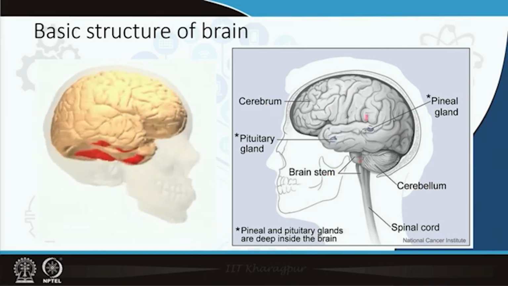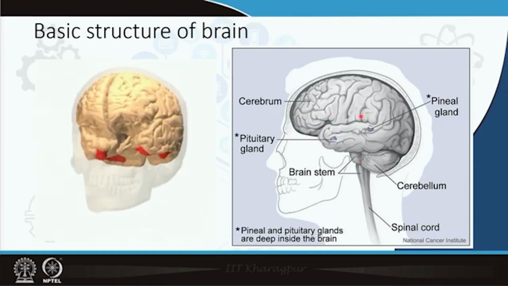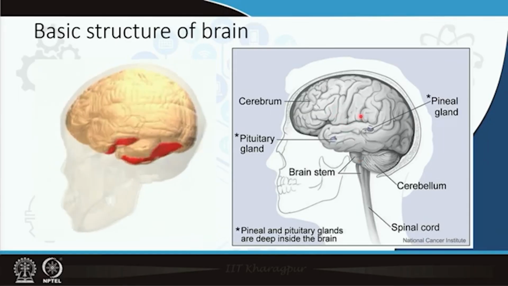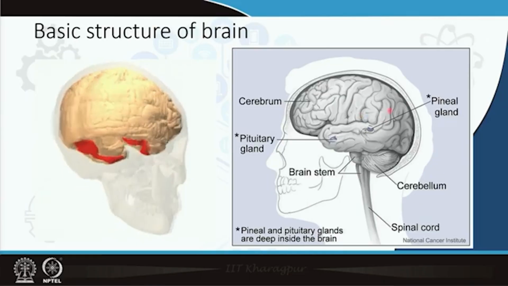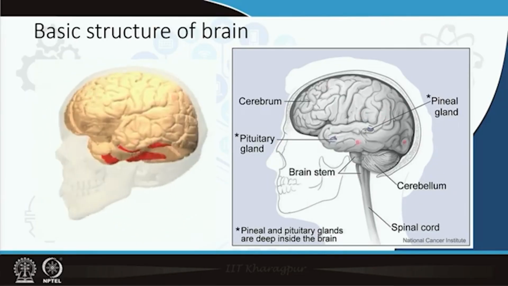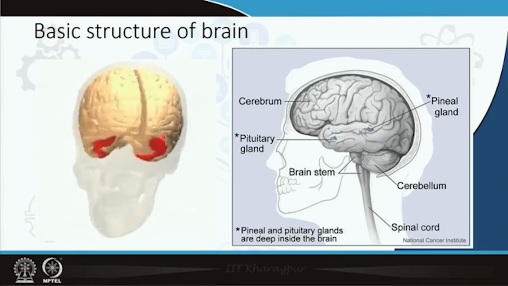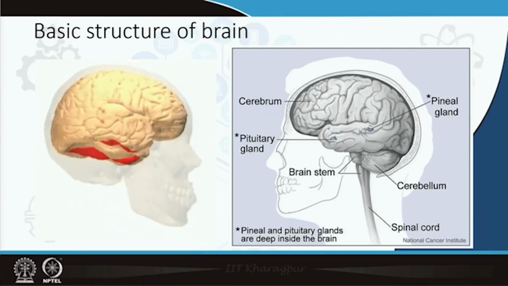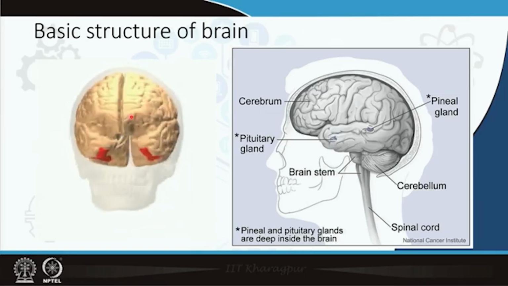Now, the cerebrum can be divided into gray matter and white matter. This is the gray matter, the outer shell, and inside it there are white tissue structures which are called white matter.